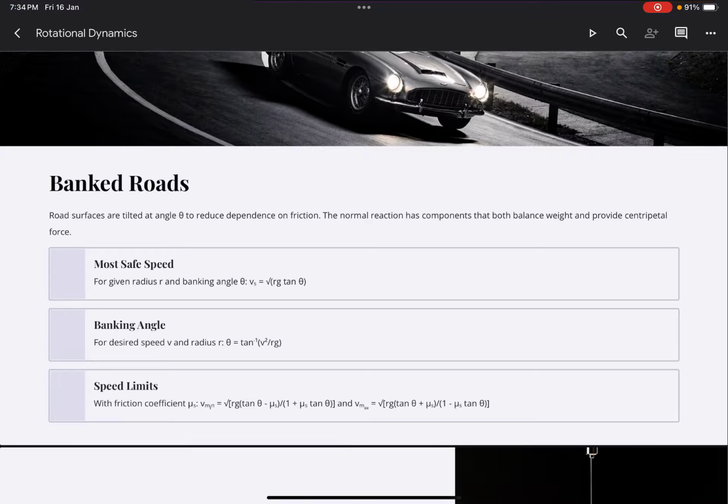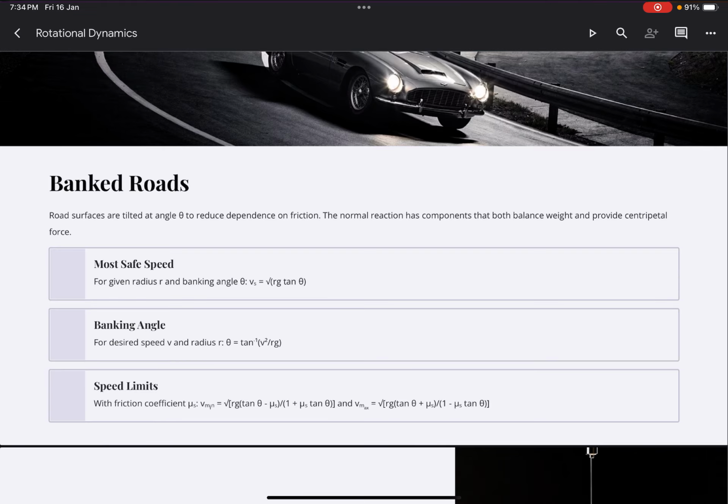So the roads are tilted in order to have a safe turning, and that tilt is called the banking of the roads. The normal reaction then has components that balance the weight, and it also provides the required centripetal force for safe turning.